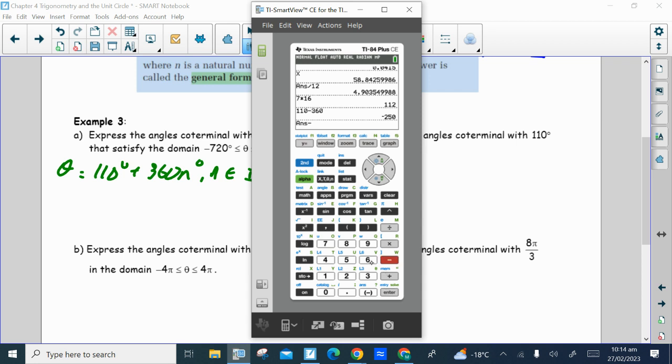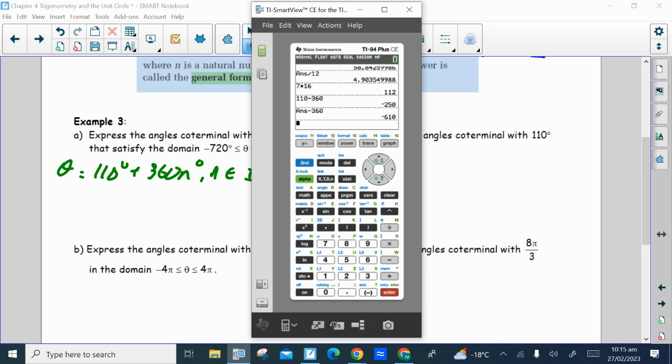If we subtract another 360, that gives us negative 610. So that would be another angle that's coterminal with 110 degrees. It has the same terminal arm, the same stopping point. And you should recognize that if you subtracted another 360, you'd be at an angle less than negative 720.